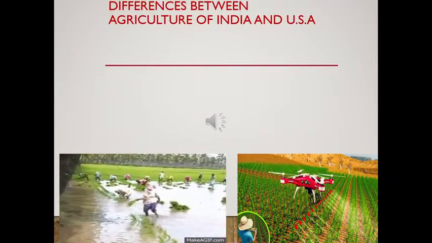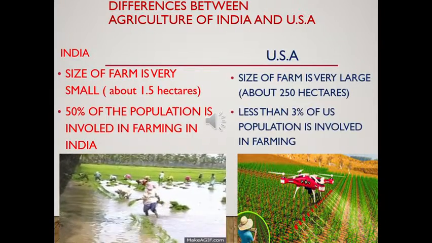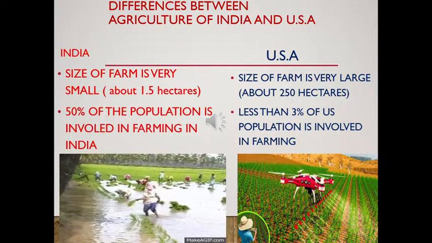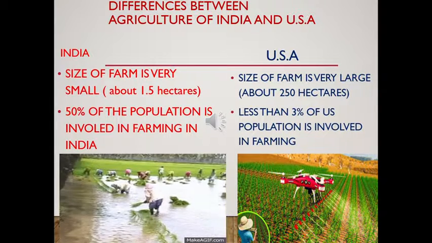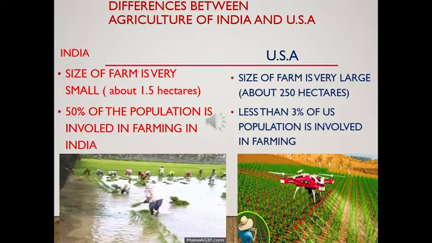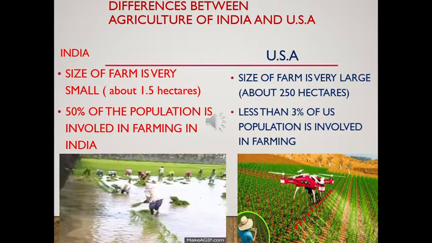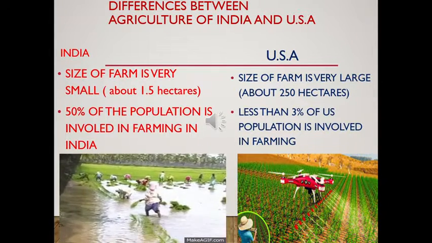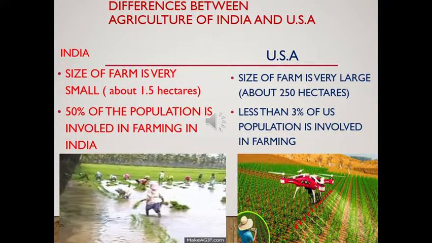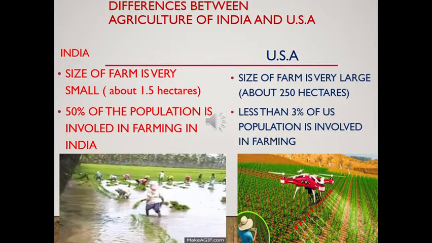Let us understand the concept of farming in India compared to USA. The average size of farm in the USA is much larger than that of an Indian farm. A typical farm size in the USA is about 250 hectares, and less than 3% of US population is involved in farming, whereas the average farm size of India is 1.5 hectares, and about 50% of population is involved in farming.